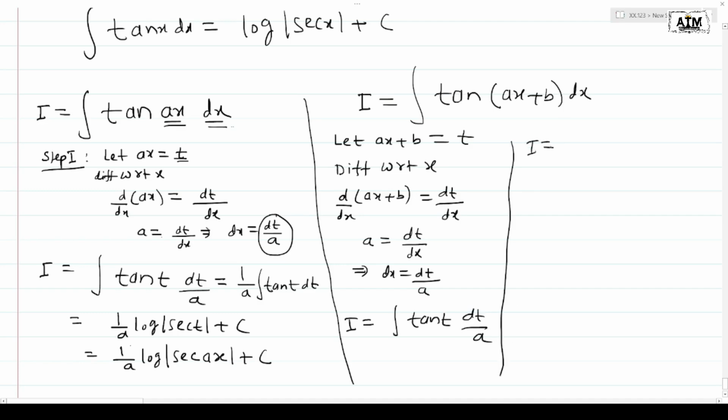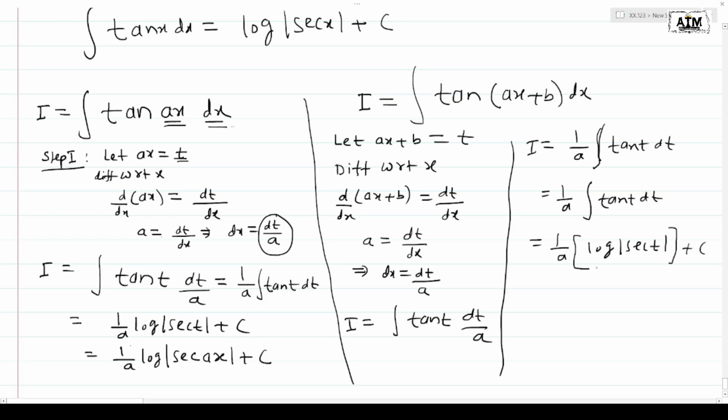Therefore I equals 1 upon a is taken outside as a common, so integration of tan t with respect to t, that is equals 1 upon a, integration of tan t, which is nothing but log modulus sec t plus c.